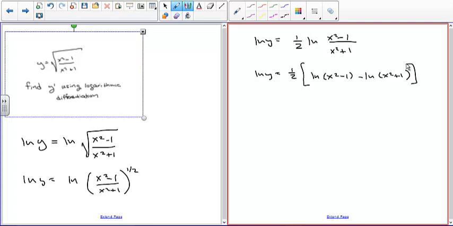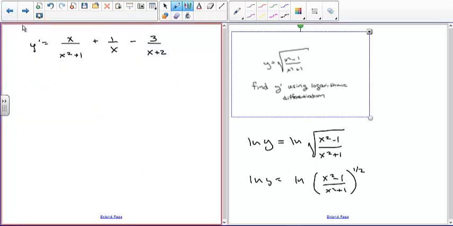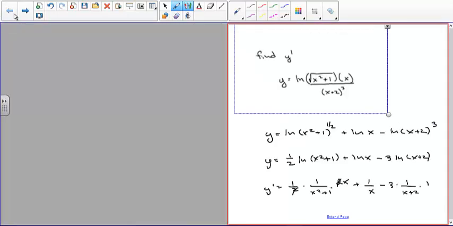The next thing you do is you take the derivative of both sides with respect to x. So on the left-hand side, you're going to use implicit differentiation, and on the right-hand side, you just use normal differentiation. And we should know how to do these because we just did them in the previous problem. This first term was that x squared plus 1, and we got that result.